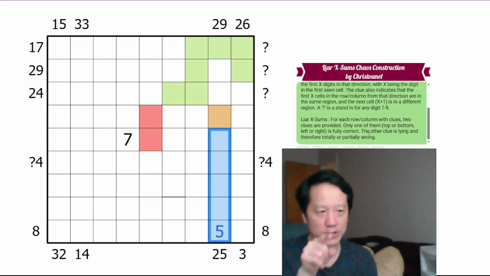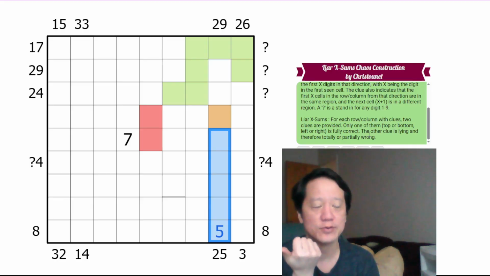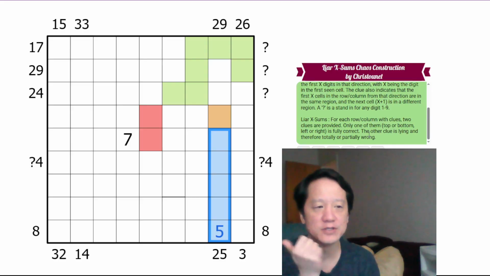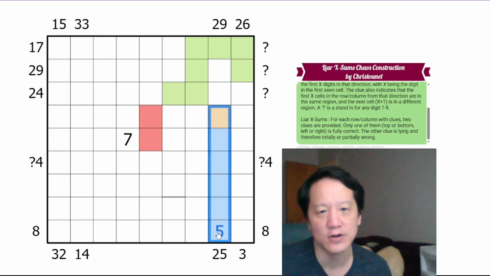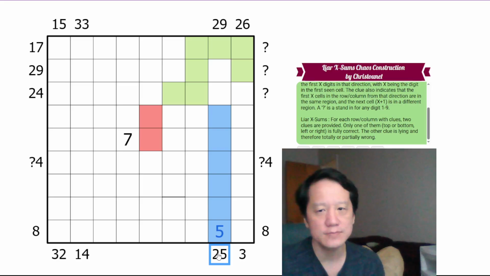It has to be one of them, but it doesn't have to contain all of them, right? So it could have the same value, so the X sum is a valid X sum per se, and have the same number of those digits be in the same region, but then you could have the sixth cell here be part of that region, which would make this a liar X sum, right?